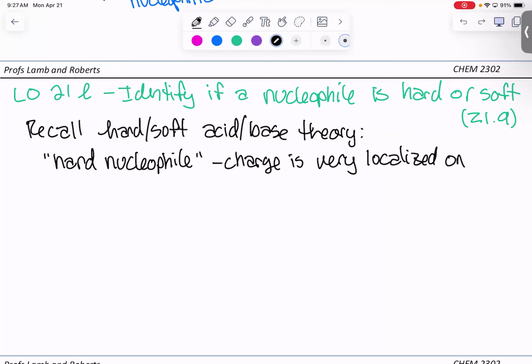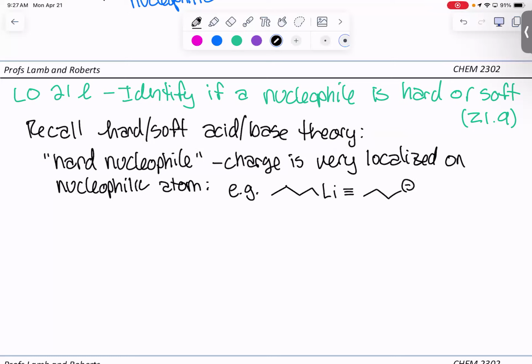Some good examples would be something like n-butyl lithium. Here we've drawn n-butyl lithium as the equivalent to that carbon being an anion and lithium being a cation. There's nowhere to delocalize. There's no resonance on that butyl, right? It's just stuck there.